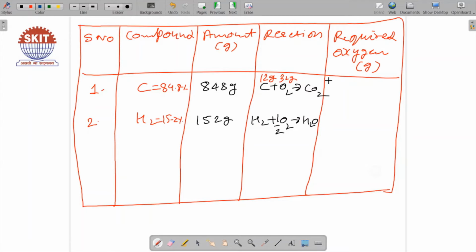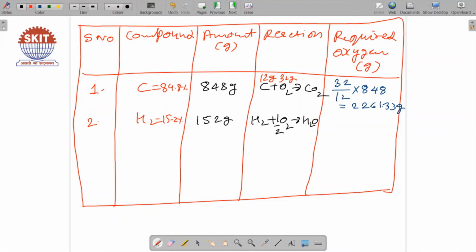So we write like this: 32 divided by 12 multiplied by 848 and the final answer will be 2261.33 grams.